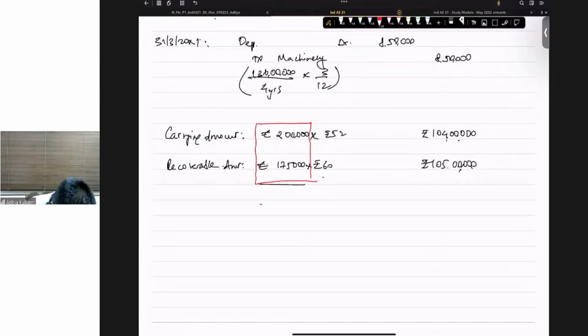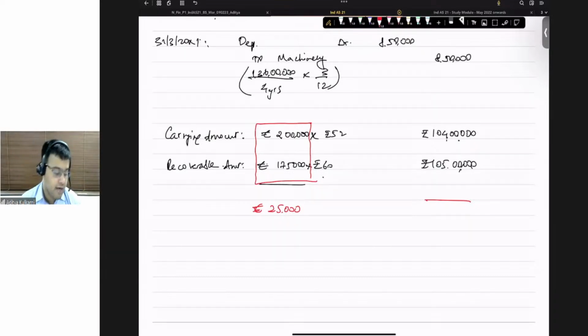The question is, sir, if I look at this, there is an impairment of 25,000 euros. But if I look at the rupee amounts, there is no reduction.